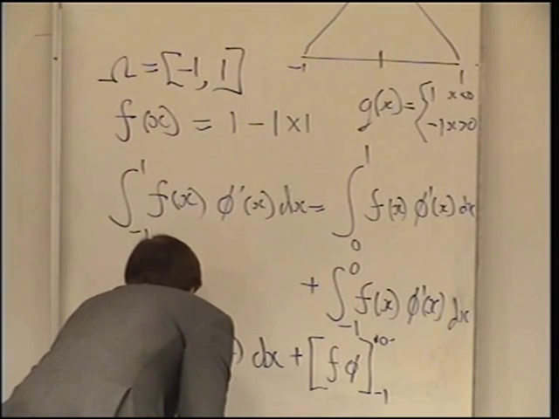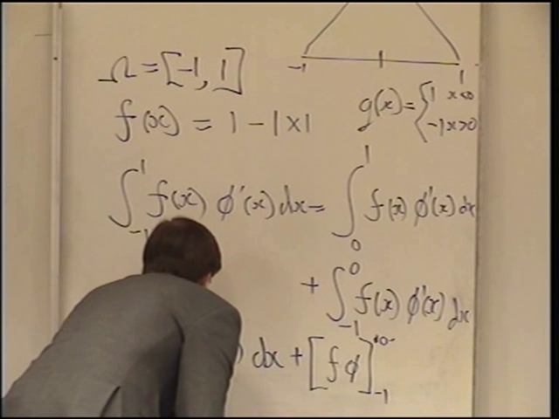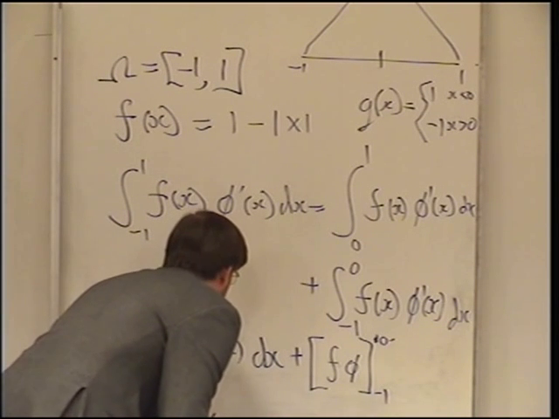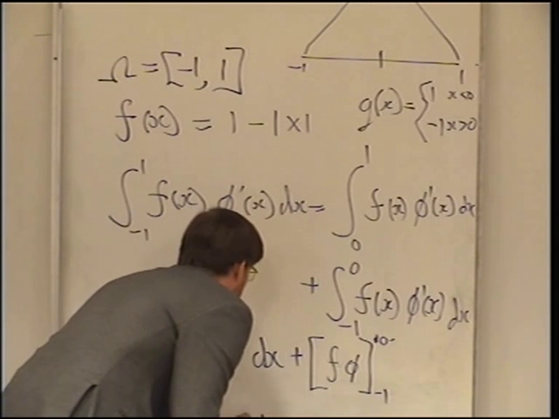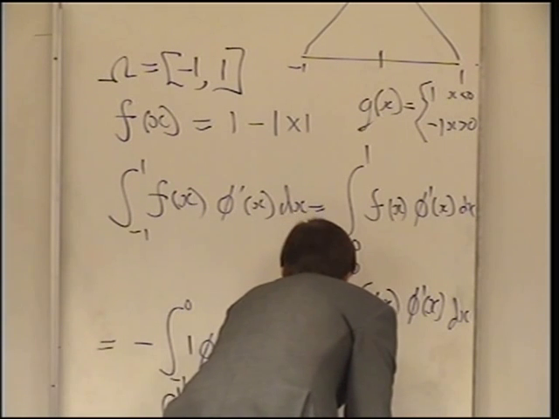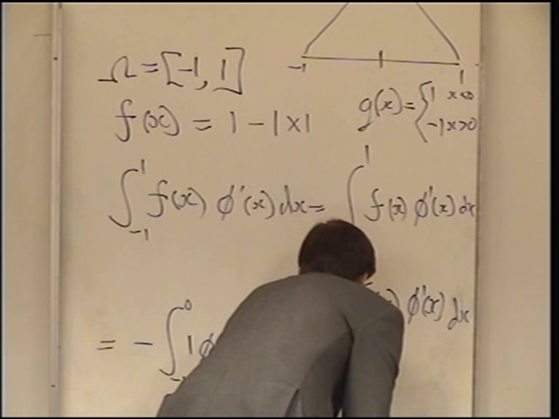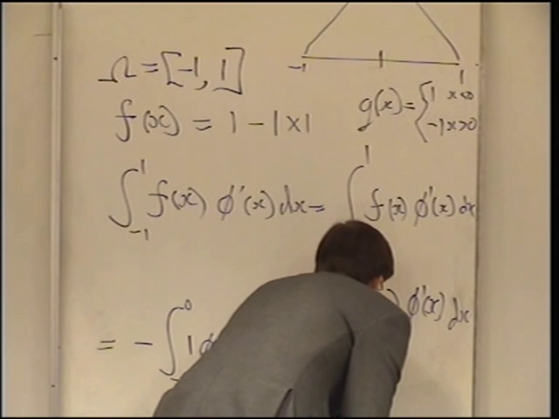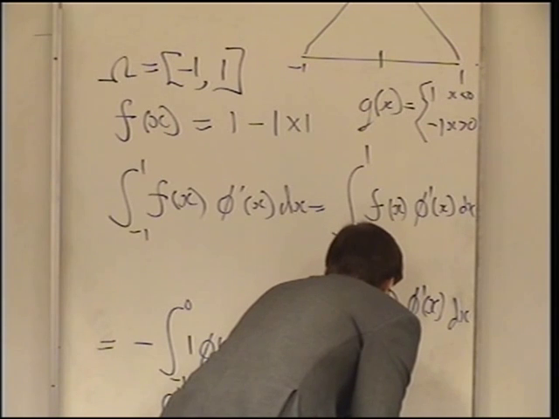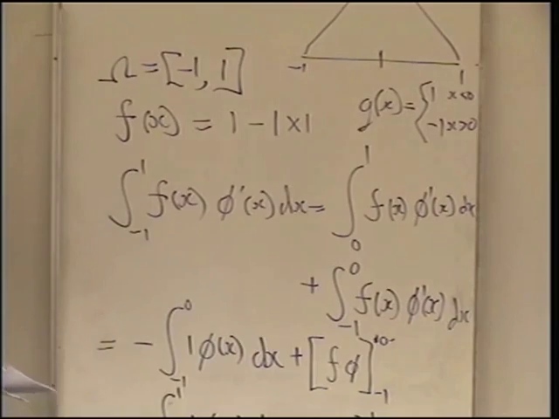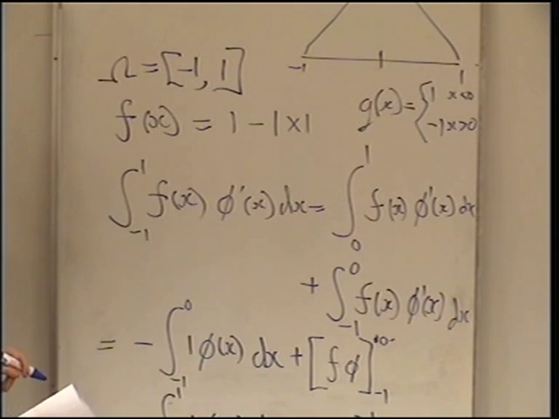And similarly, 0 to 1 of -1 times phi of x dx plus f times phi from 0 to 1. So, what can we say about these values?